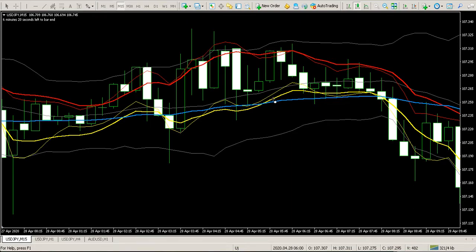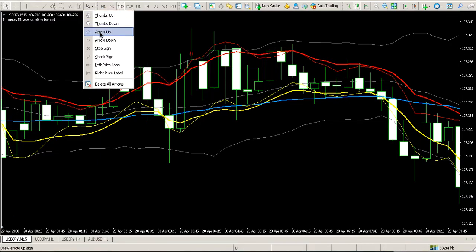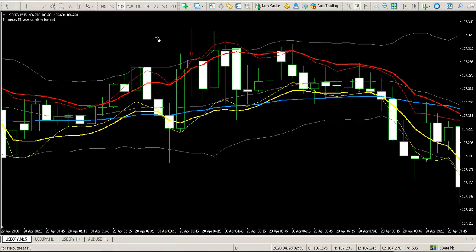So first we have the MA high touches and exits the top Bollinger Band. So this candlestick here is called the extreme candlestick. This is the extreme candlestick, this one here.